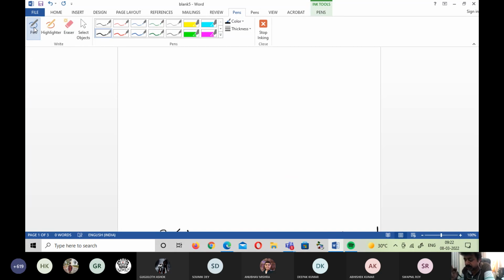First of all, we have to consider what the ratio test says, that u n plus 1 by u n, if it is equal to r, and this particular r, if it is less than 1, means u n plus 1 is smaller than u n.